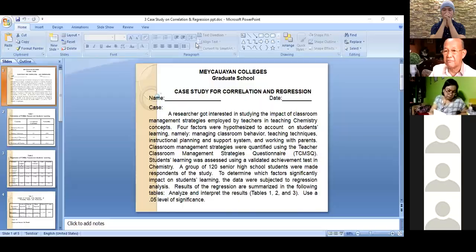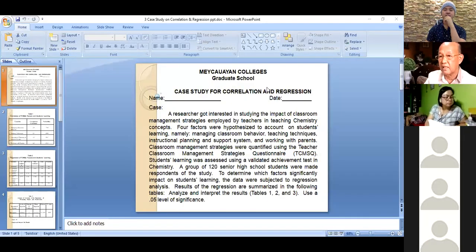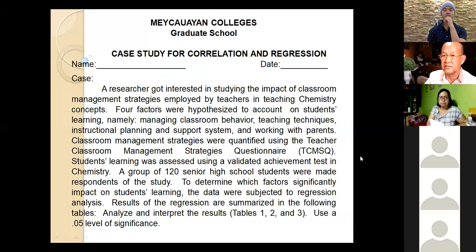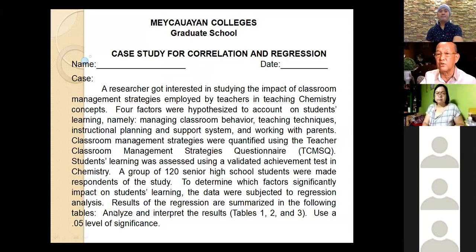All right. And the case has something to do with the impact of classroom management strategies of teachers on the teaching performance of chemistry concepts. So you can read this very well. This is similar to what we have discussed earlier.